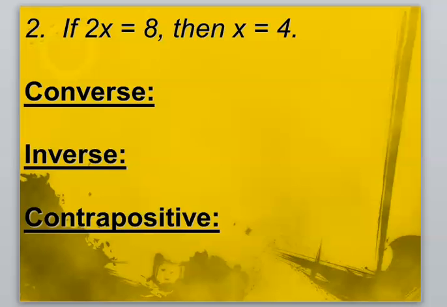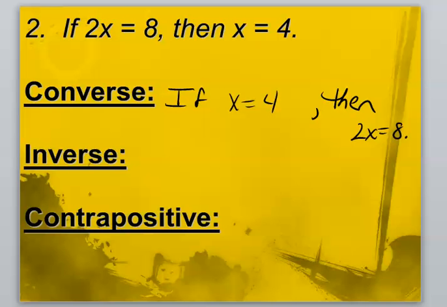Example 2. Now we're going to start doing some math with the sentences. If 2x equals 8, then x equals 4. Again, I'm going to leave if and then right where they are. To form the converse, I'm going to switch the hypothesis and the conclusion. So if x equals 4, then 2x equals 8. To form the inverse, I'm going to keep the original order but negate both parts.